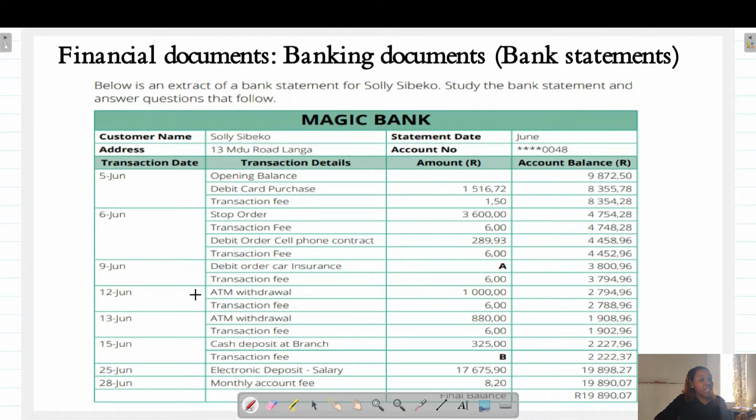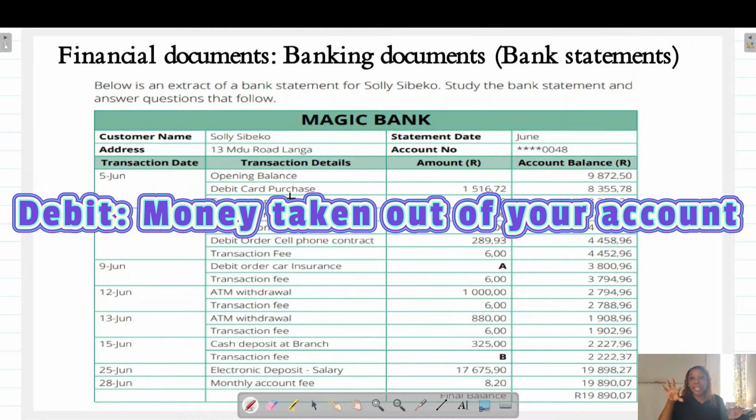Here we've got transaction details. We've got the opening balance. On the 5th of June, the opening balance in Solly Sibugo's account was 9,872.50. Then there was a debit card purchase. What is a debit? A debit is when money gets removed from your account.